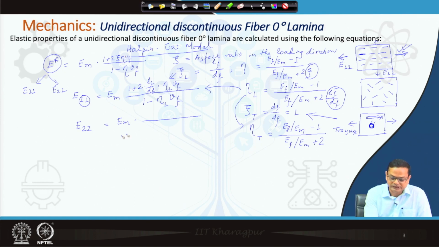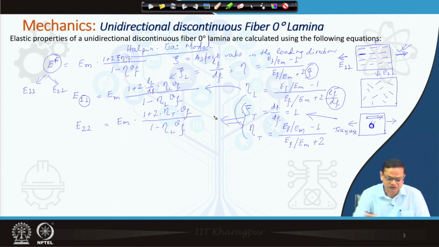Now you can use all these values in this equation and you get E22 equal to Em times 1 plus 2, because the xi value is 1 now, multiplied by eta t into Vf over 1 minus eta t Vf. That is how you get the value of E11 and E22.